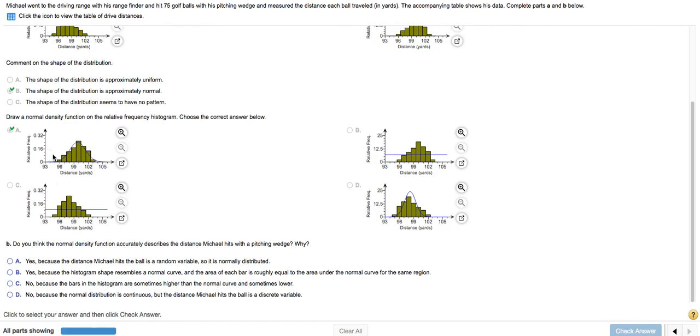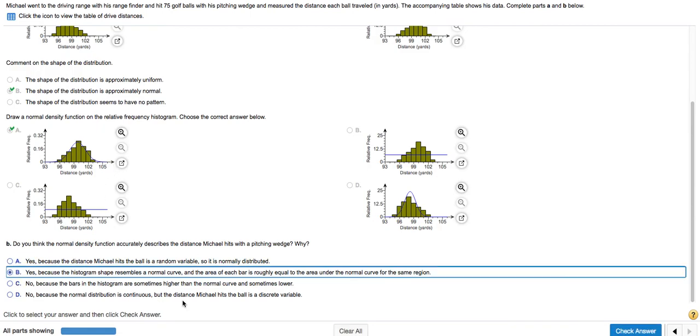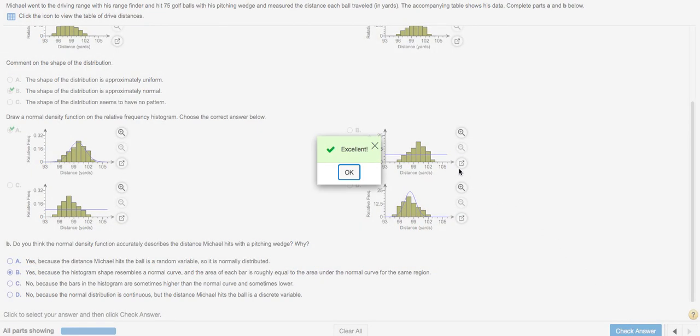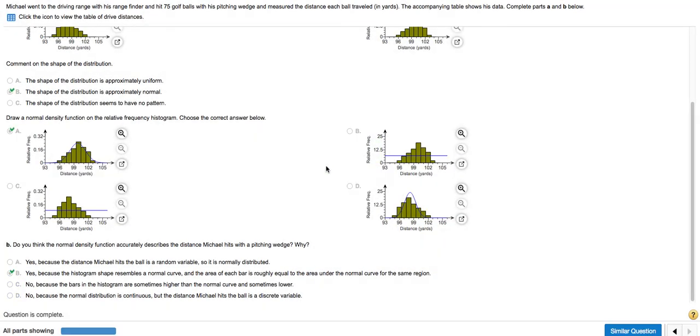If you look up at this picture here, this data, it's not perfect, but it almost fits underneath the bell-shaped curve. So it means that the two are really similar to each other. That is what B is trying to convey. I'm going to select B, check my answer, and that was correct. So that is everything for this question.